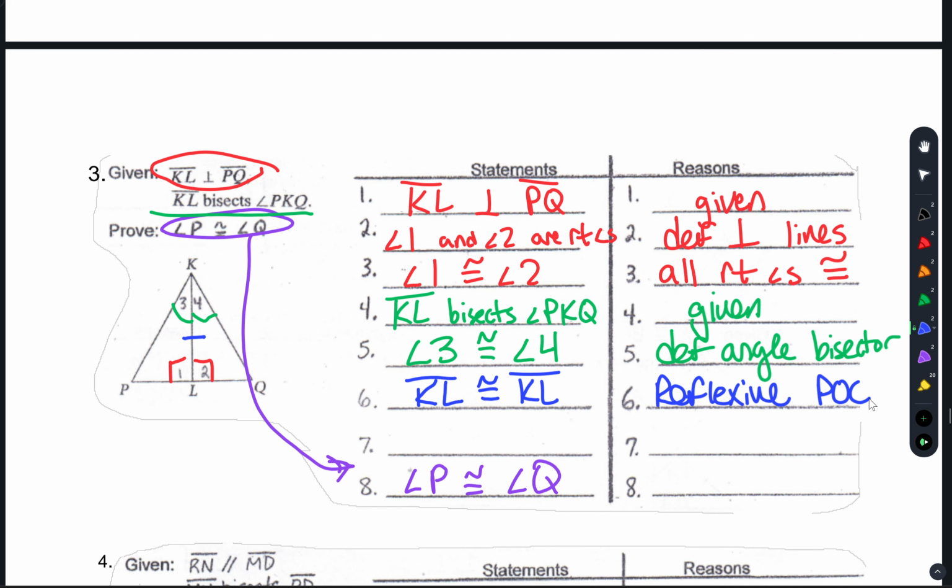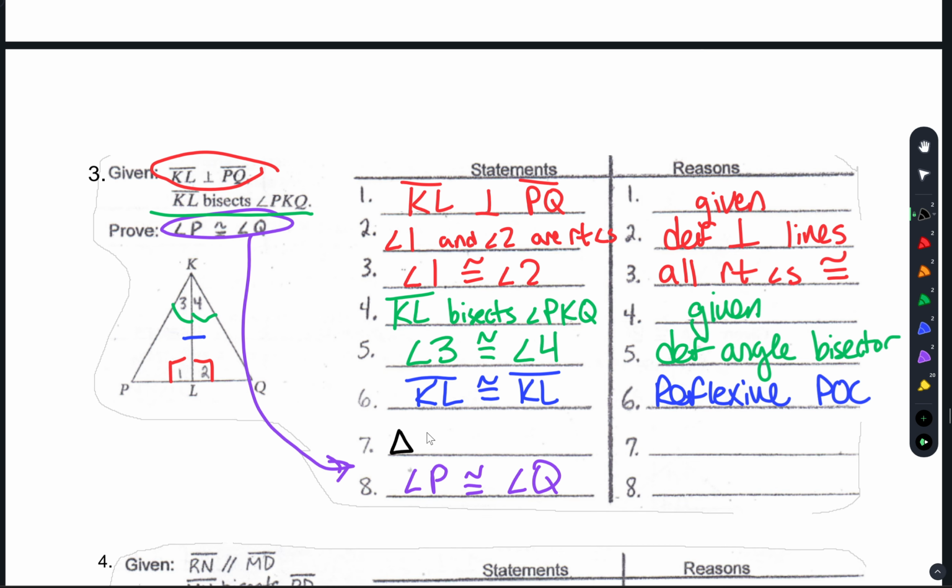What's step 7? Follow that pattern. I now have all my 3 pieces. What do I need in step 7? Allegra? I say triangle.